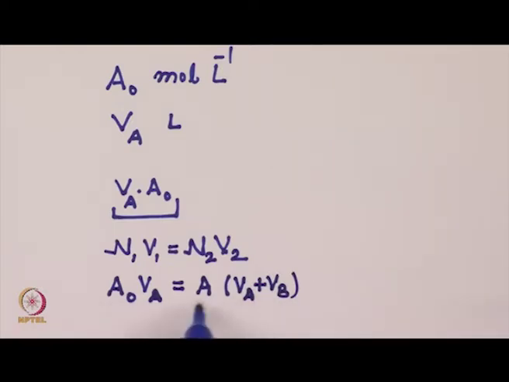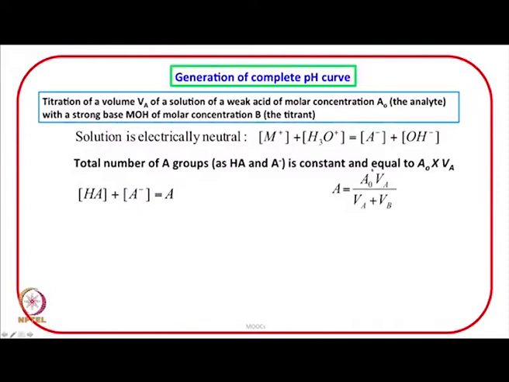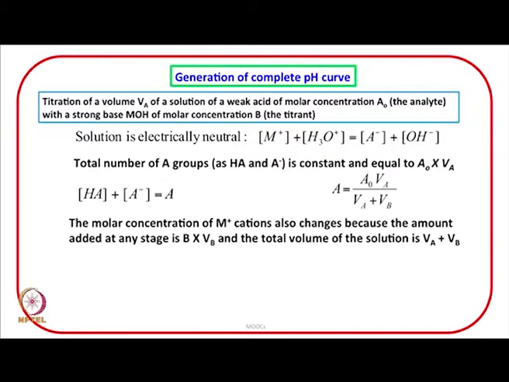And from this, A is equal to A0 into VA divided by VA plus VB. Once again, A is equal to A0 into VA divided by VA plus VB, and that is what is written on the slide. A is equal to A0 into VA over VA plus VB.